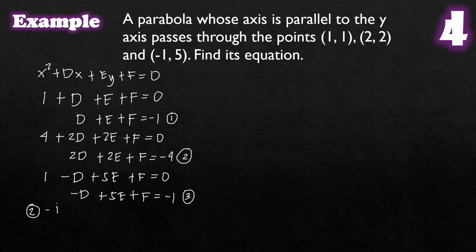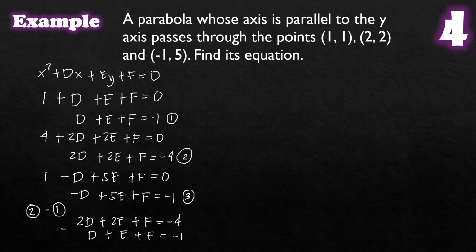minus equation 1. So we have 2d plus 2e plus f equals negative 4 minus d plus e plus f equals negative 1. We're going to subtract the two equations term-wise.